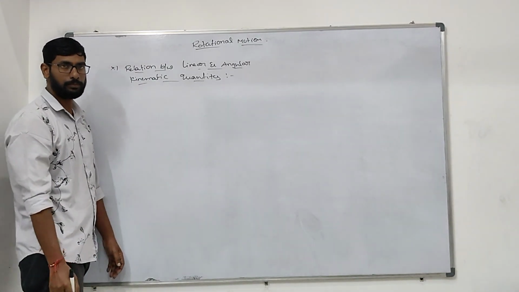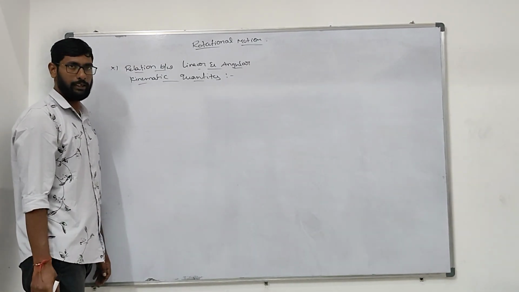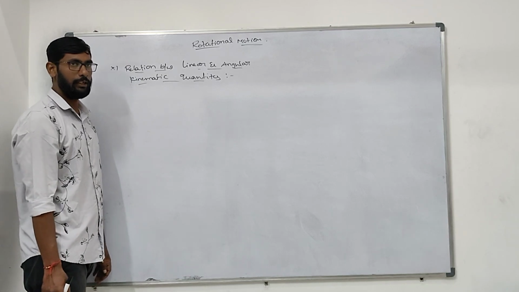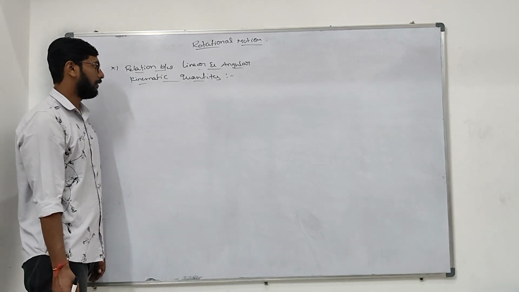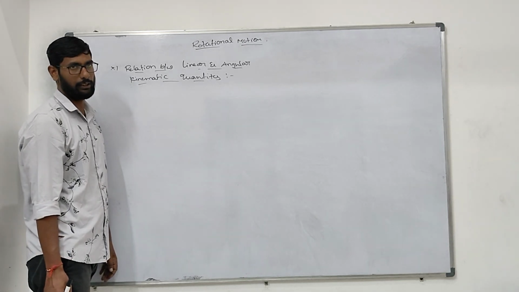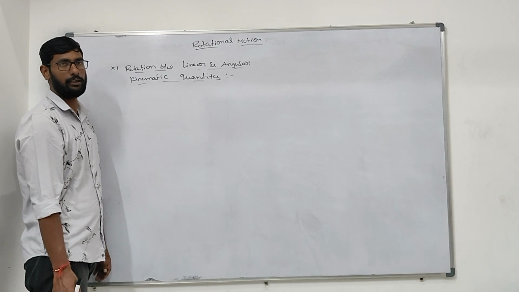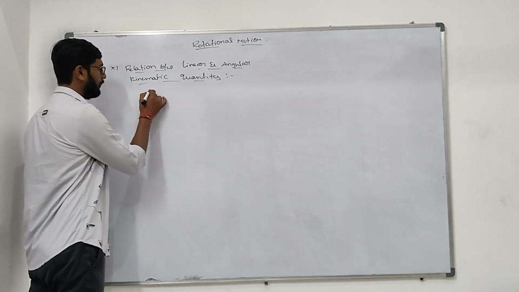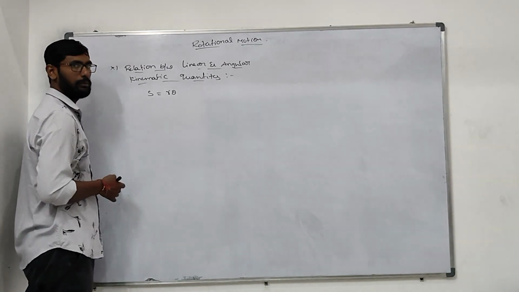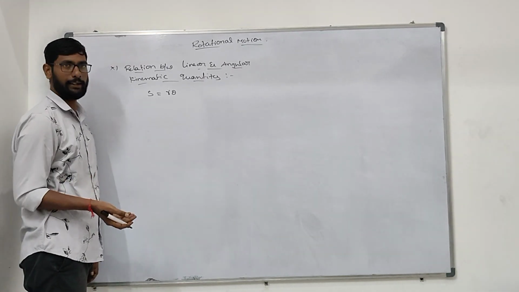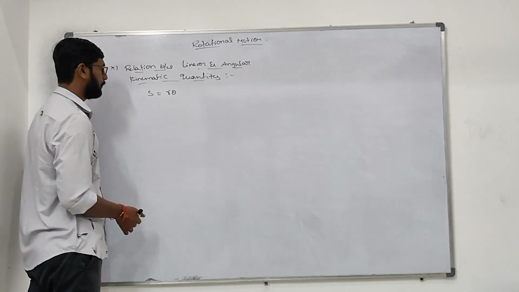What is that? Linear and angular. For example, if you consider displacement, linear displacement and angular displacement. Linear displacement we represent as S, angular displacement is theta. We discussed earlier, right? The relation between linear displacement and angular displacement: S equals r theta. S is linear displacement, theta is angular displacement. So this gives a relation between linear displacement and angular displacement.